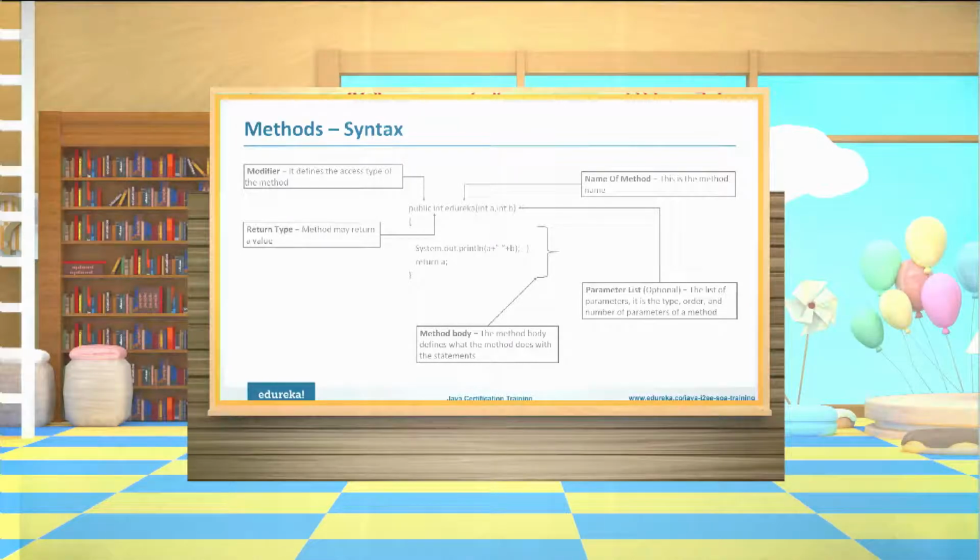The name of the method is, you can see, Edureka. Okay, what you see within the parenthesis after the method name is nothing but the arguments that this method takes. So this particular method is taking two arguments which it is acting upon. It takes integer a and integer b, that's the parameter list.